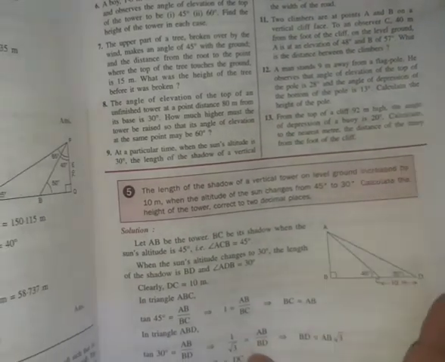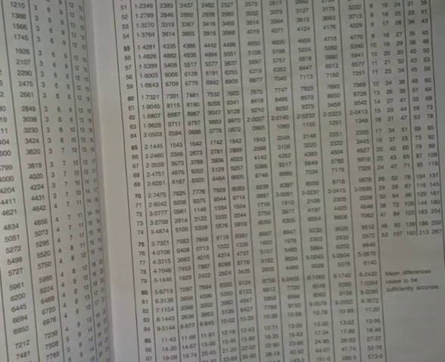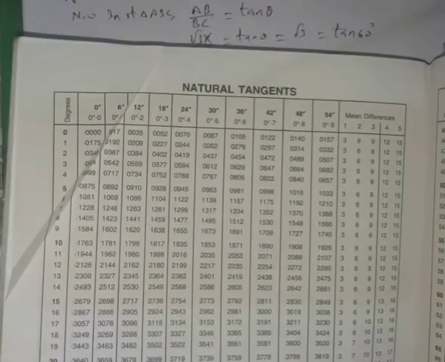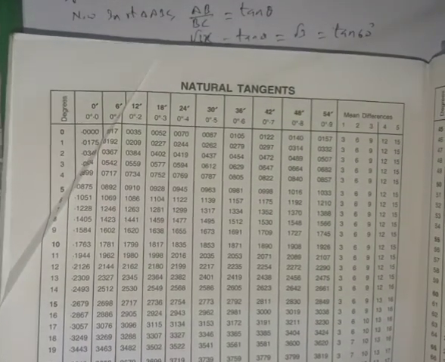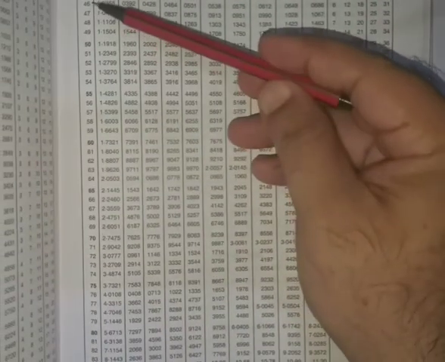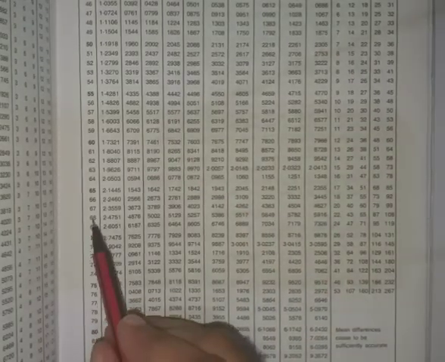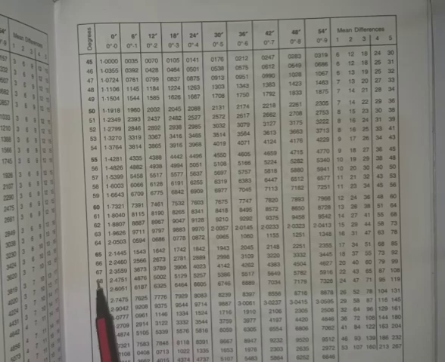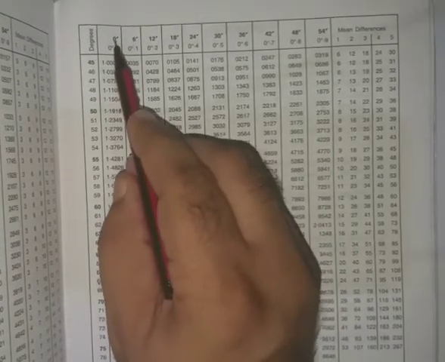So for this I will move on to the tables given at the end of our book, and here I will move on to the table of tangents. So this is the table of tan given here. It is written as natural tangents. On the left side, I will look at the value. In this line it is given as 68, and we have to look at the value at 68 degrees only, means 0 minutes.